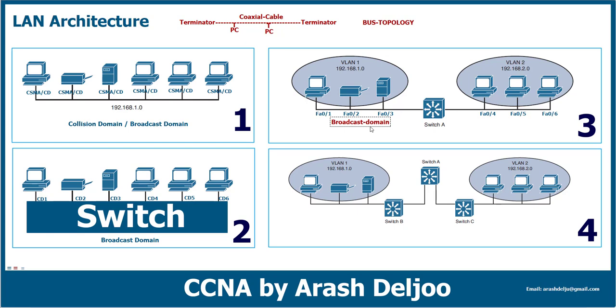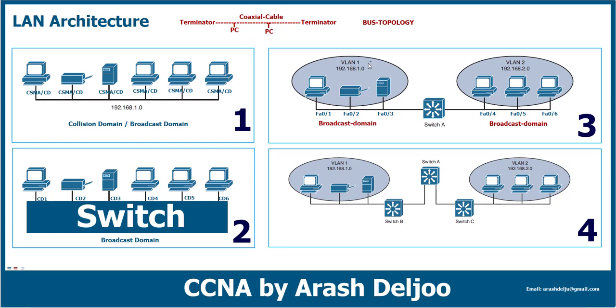Again, here we have 6 collision domains. Each port is a collision domain, but about the broadcast domain, now we have 2 broadcast domains. The switch by default has only one broadcast domain. If you need to create more broadcast domains, you should configure them. You have learned about it.